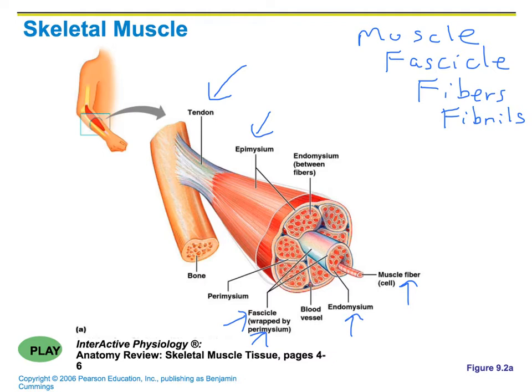These proteins are referred to as filaments. And those filaments are of two types. There's a thick filament and a thin filament. So there's your hierarchy that you are responsible for muscular tissue.